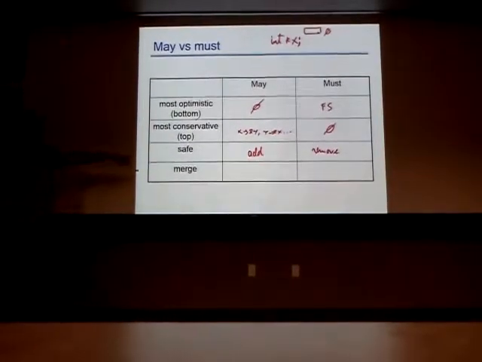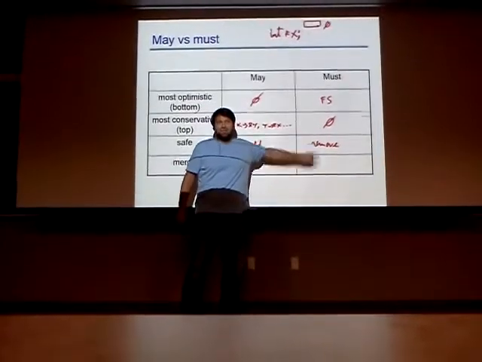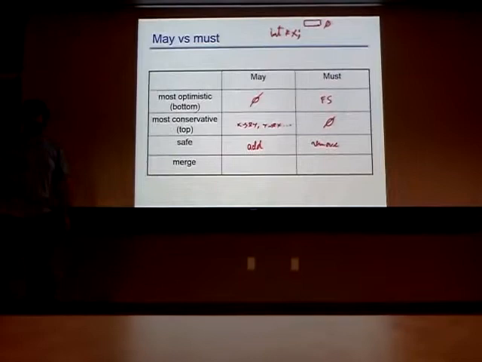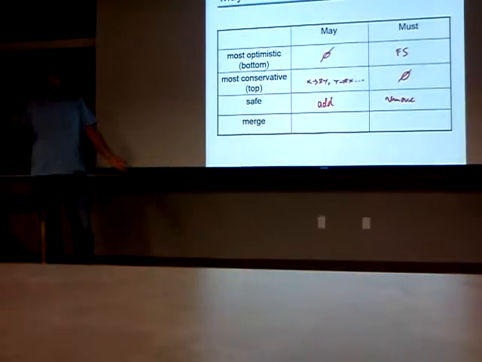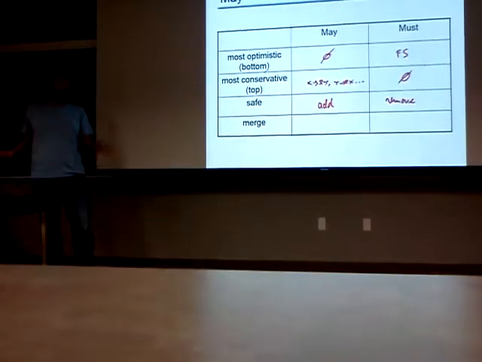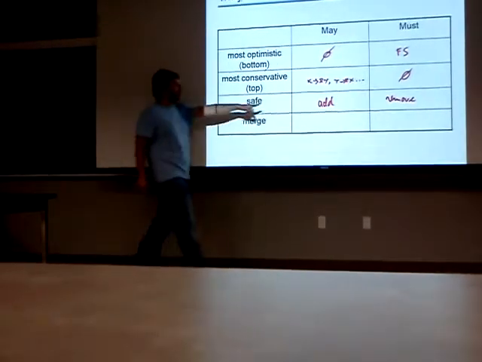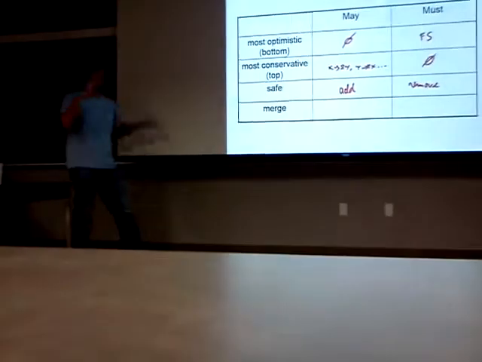But adding facts to a must analysis after I run it, I can't do that unless I'm really sure those facts are correct. I can't just add random facts, because that'll make the optimizer use incorrect information. So do you see how I can remove information but can't add it? And with the may analysis, you can always add more, but you can't remove information. So these are kind of duals.